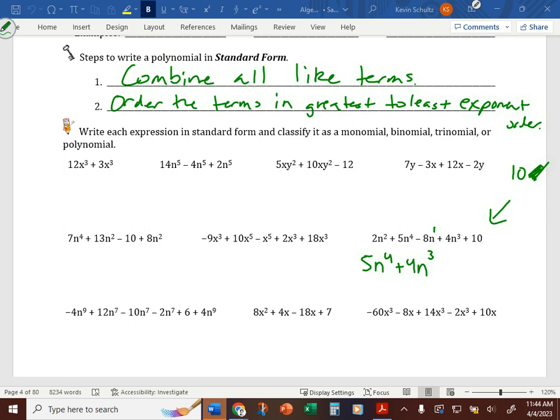What would come next? What's the next greatest power that we have there? 2n to the second. There you go. 2n squared. And what would come next?